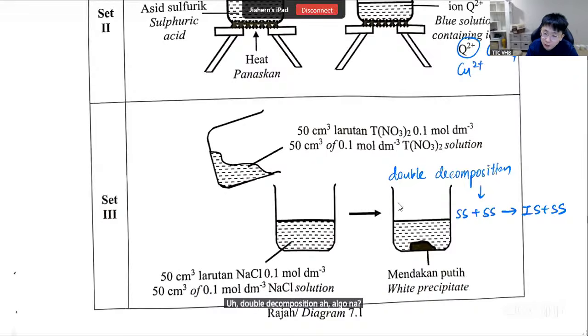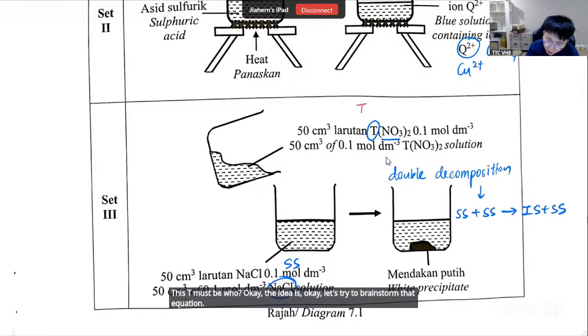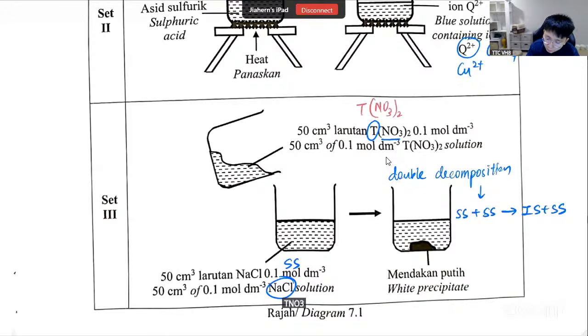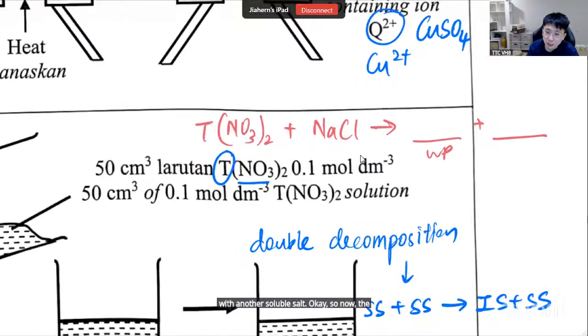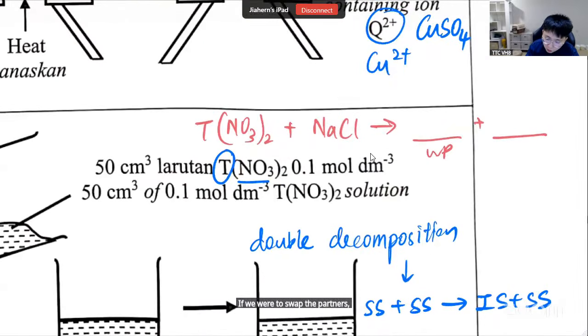Now the question is, sodium chloride, NaCl, is a soluble salt, so this one is no issue. Now T(NO3)2, who must this T be? Let's brainstorm the equation. T(NO3)2 plus NaCl gives you a white precipitate with another soluble salt. If we swap the partners, T here is 2+, because you see the bracket 2.